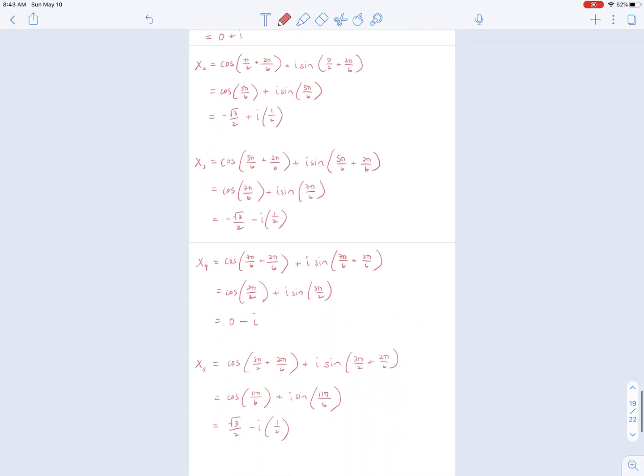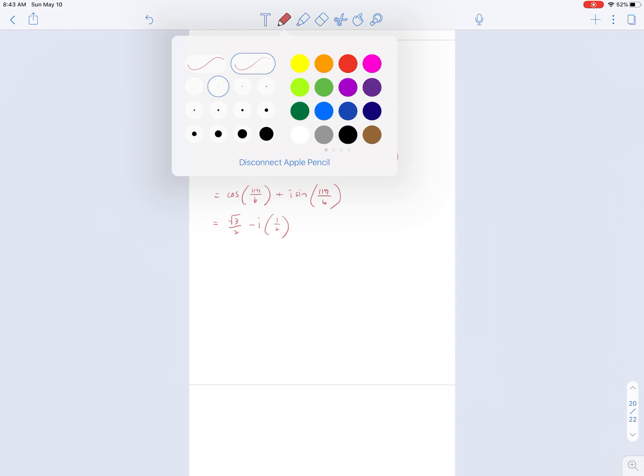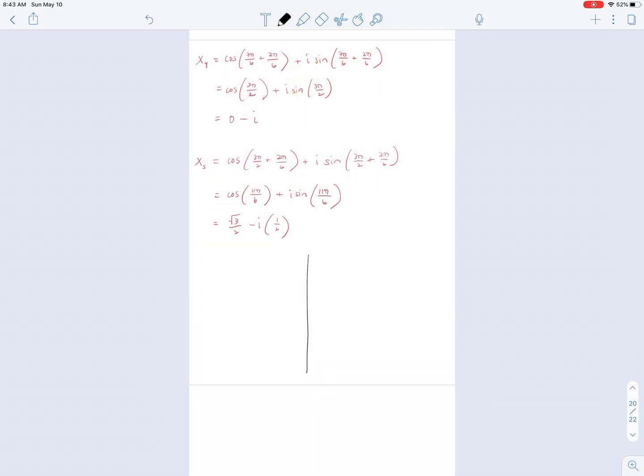And we'll simplify to be root 3 over 2 minus i times 1/2. So 6 solutions to that equation. Not so bad if we're using the nth root theorem.